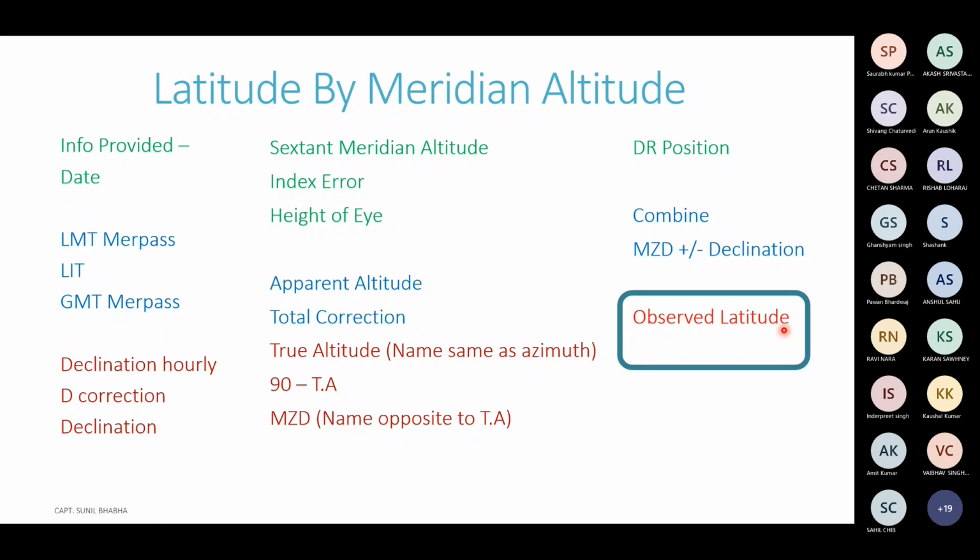Now, whenever we find the position line, we always denote the direction in which the position line lies. So in this particular case, the direction of the position line is east-west. The PL runs in the east-west direction because this observed latitude is our PL. All the latitudes, parallels of latitude, they run in the east-west direction. So hence the position line which we obtained here is lying in the east-west direction.